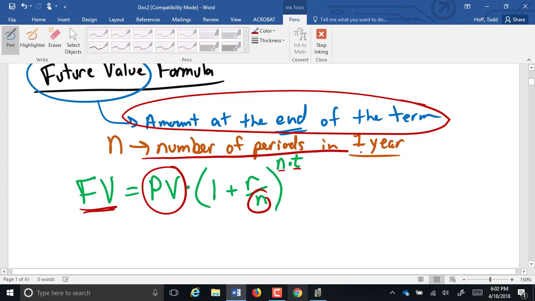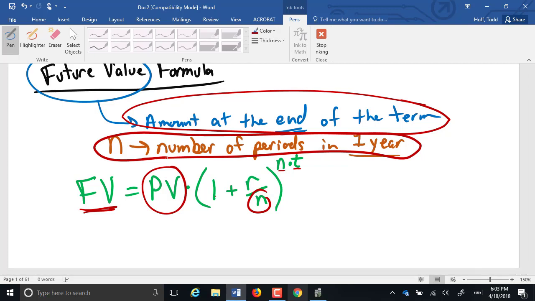N is the number of periods in 1 year. So quarterly, it would be 4. Monthly, it would be 12. Semi-annually, it would be 2. Annually, it would be 1. R, again, is your rate as a decimal, your percent as a decimal. And T is your number of years.